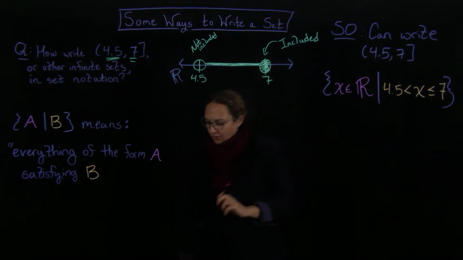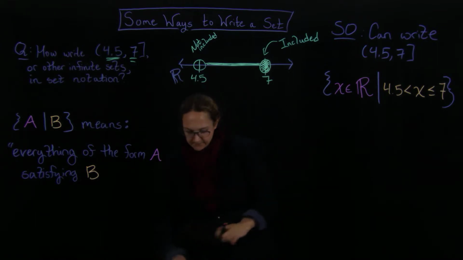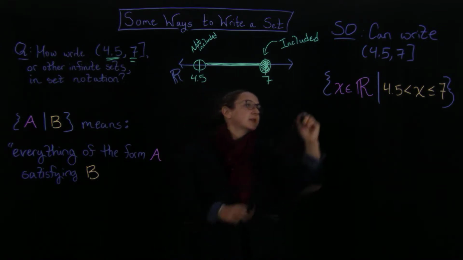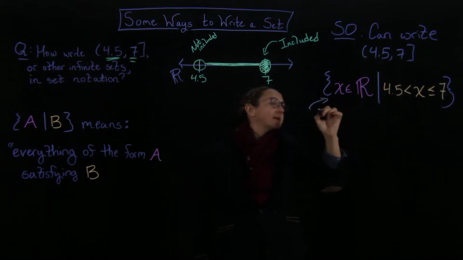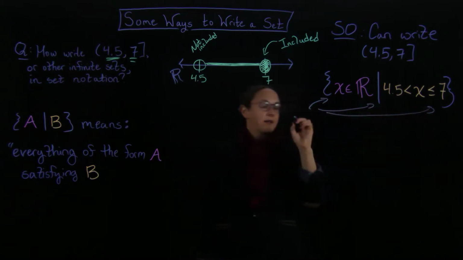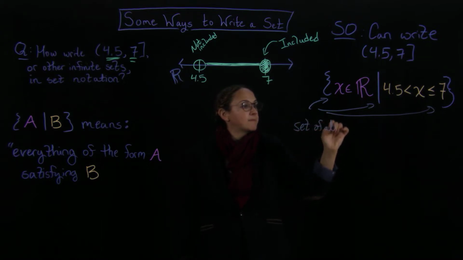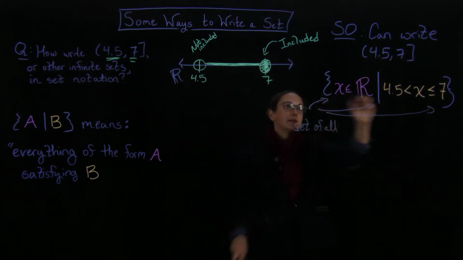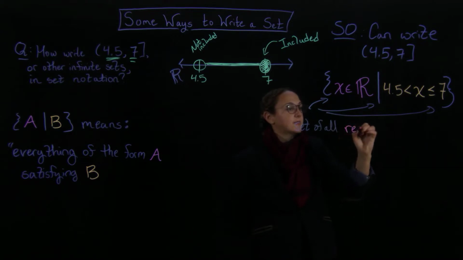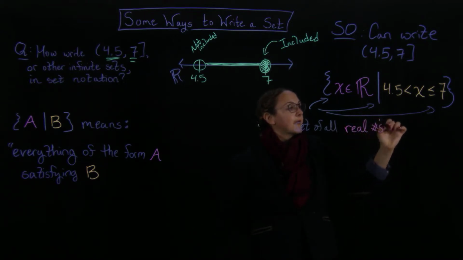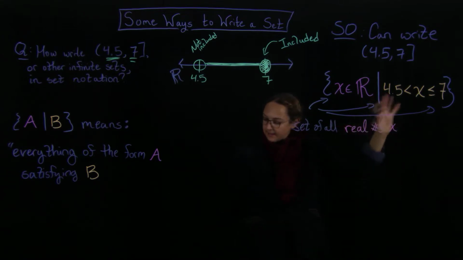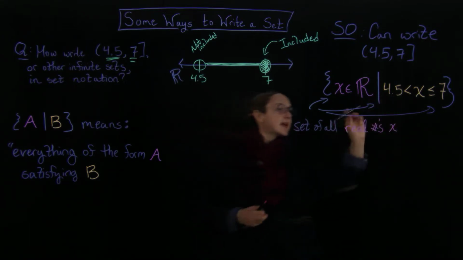So this is the set of all real numbers. These brackets tell me I've got the set of all, and this part tells me I'm talking about real numbers x, and the part over there tells me satisfying.